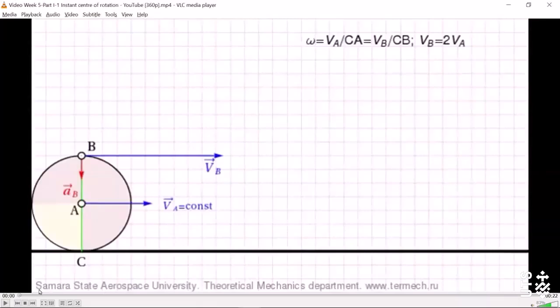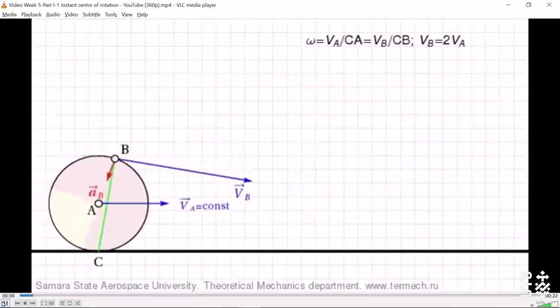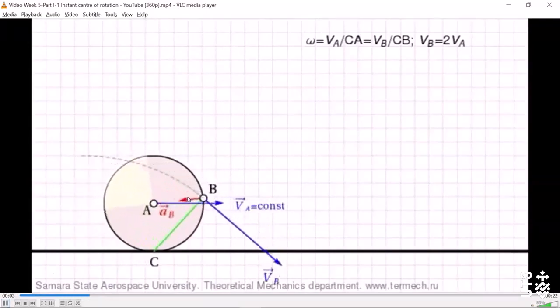Now watch this video again, and this time look at the acceleration.